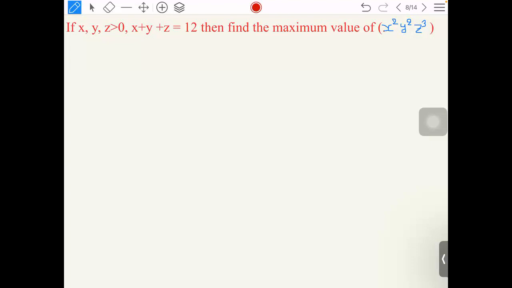X square can be achieved when x is multiplied twice. Okay. One minute more.